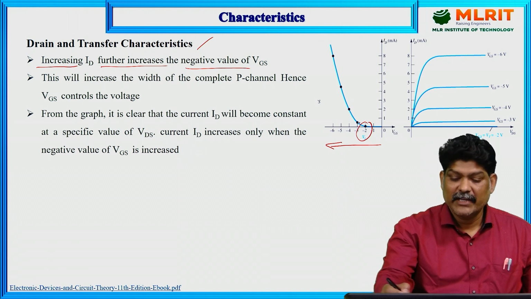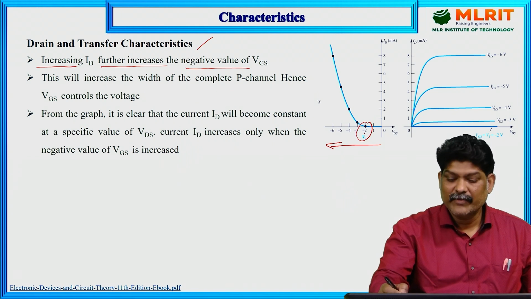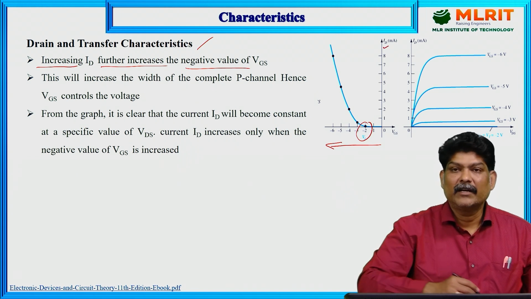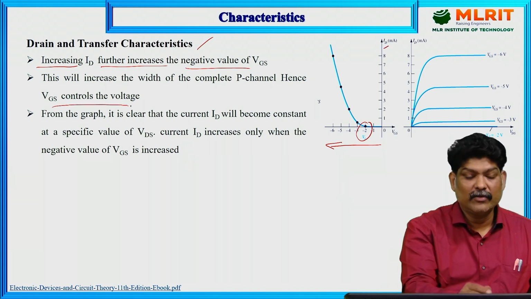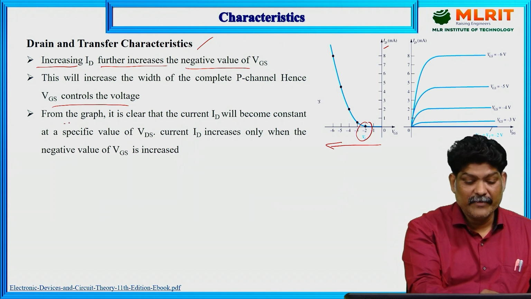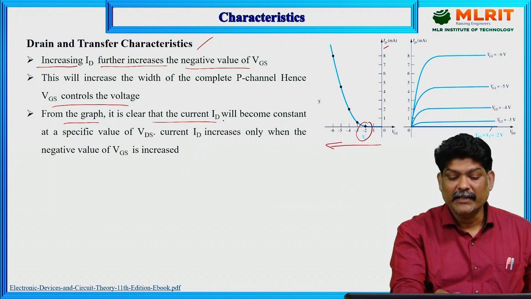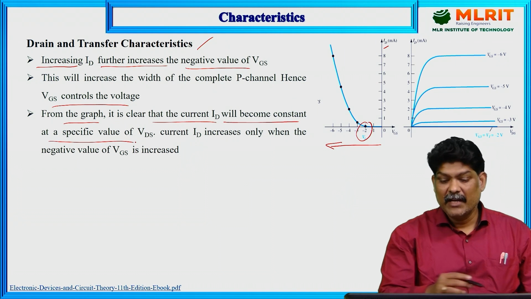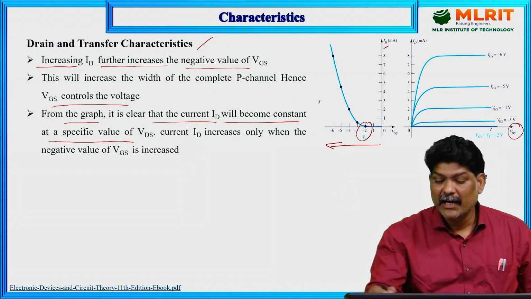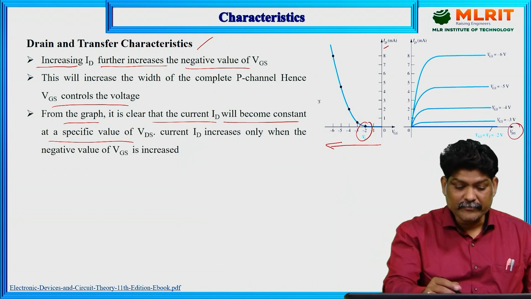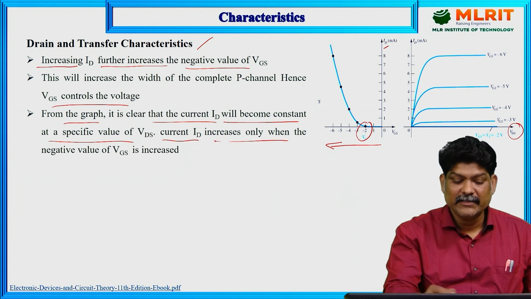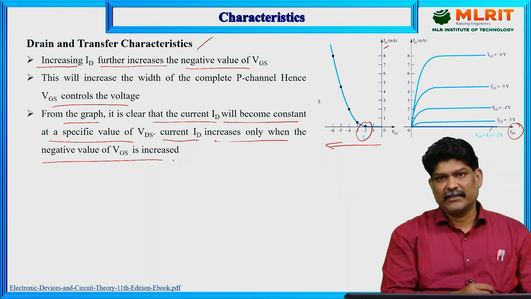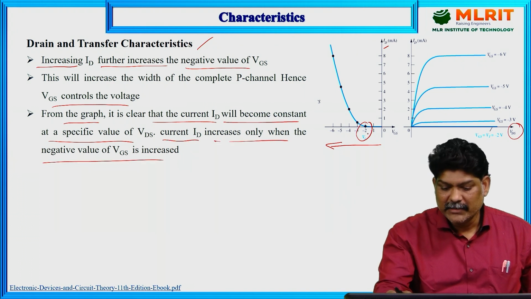So VGS controls the current. From this graph, it is clear that ID will become constant at a specific value of VDS. At a specific value of VDS, ID will be constant, and current ID increases only when the negative value of VGS increases.